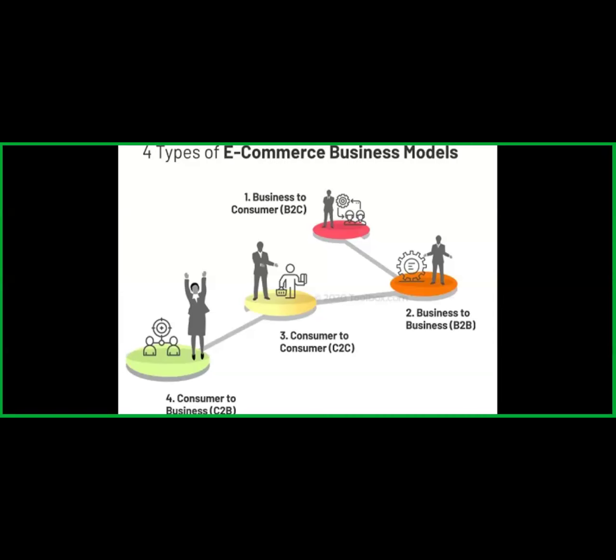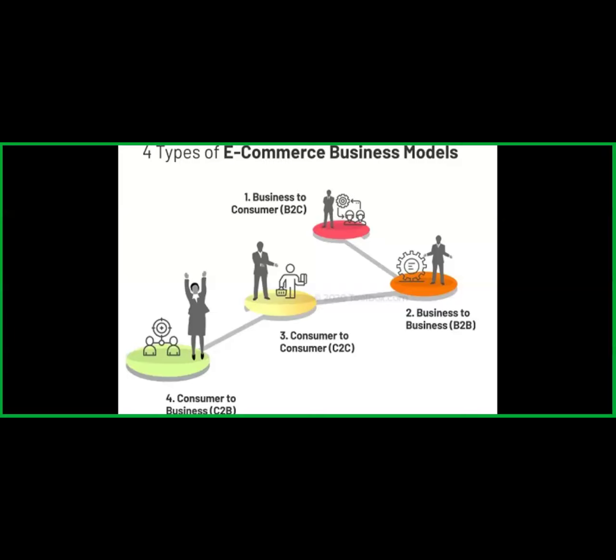Then consumer to business. Now, customer to customer, or consumer to business. The normal e-commerce model is business to consumer, B2C. The most popular is B2C. Then the second most popular is B2B.